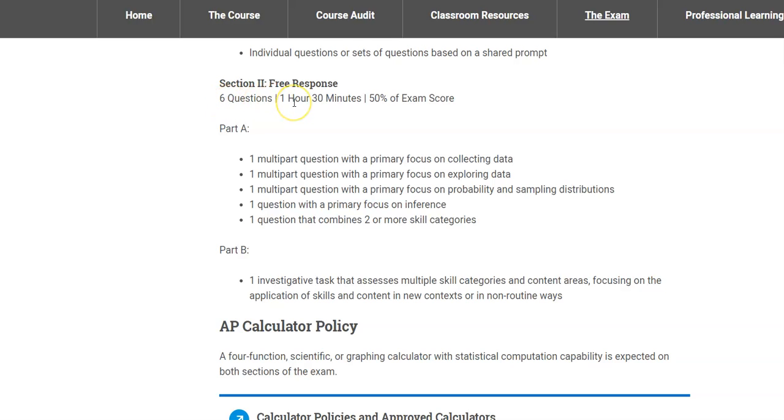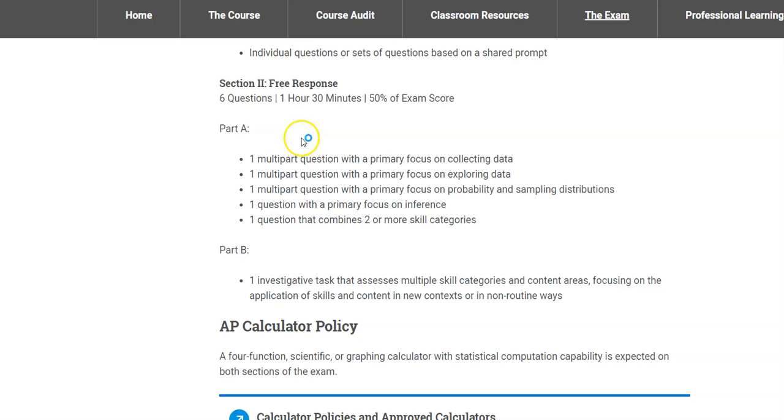For the free response section, it's divided into Part A, which has 5 questions, and Part B, which has one question called the Investigative task, question number 6. So for the first 5 questions, each one of them is a multi-part question. It'll usually have anywhere from 2 to 4 parts, although the last one will usually have more than four.